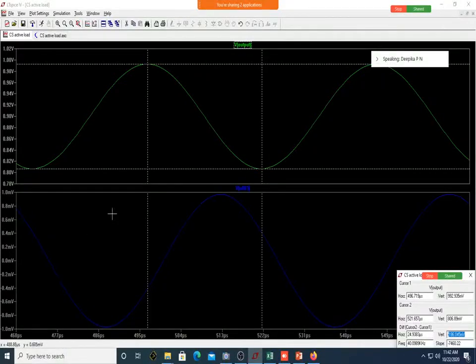How much is input peak to peak? Can you find out how much is the gain now? It is now 186 divided by, actually input peak to peak is 2 now. It is coming out to be 93.